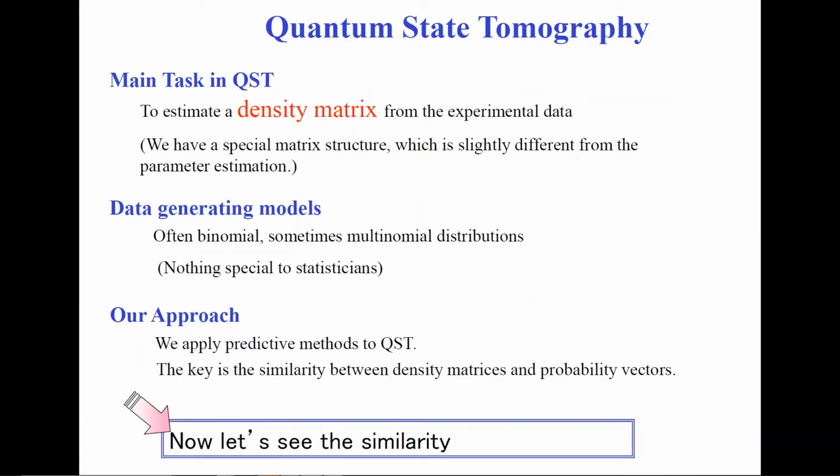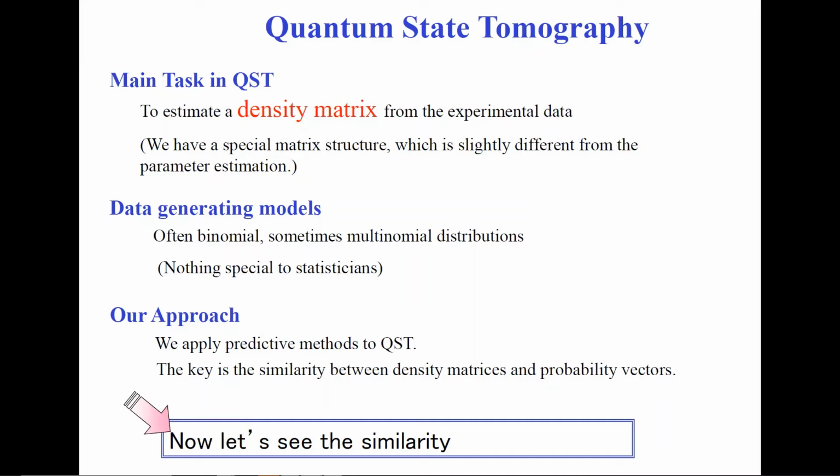Now we go back to quantum state tomography. The main task in quantum state tomography is to estimate a density matrix from the experimental data. The data generating model, or physical measurement, follows the law of quantum theory.